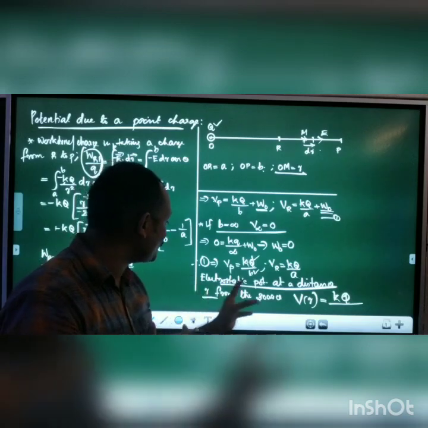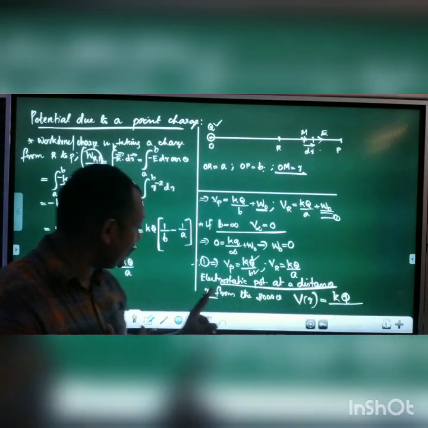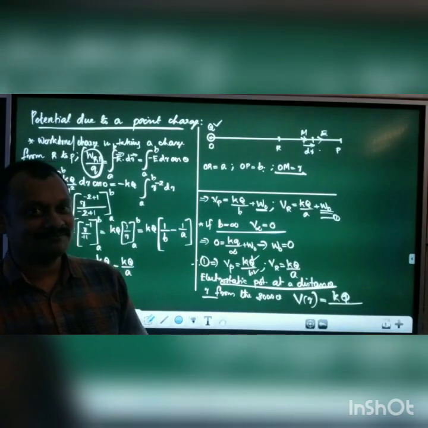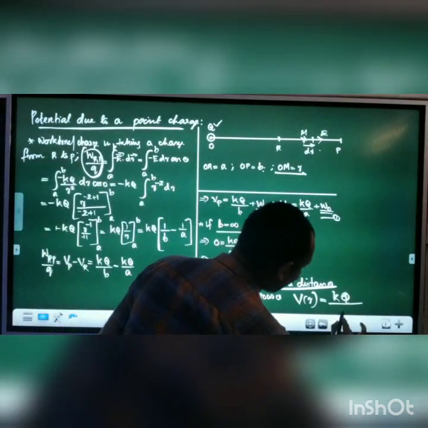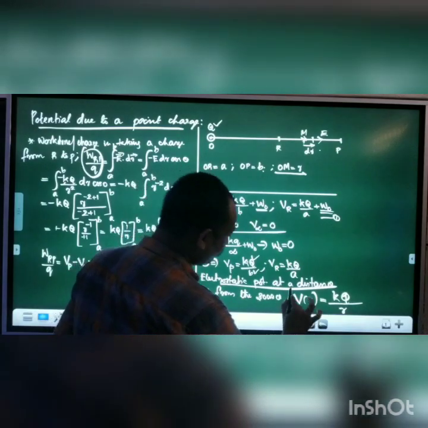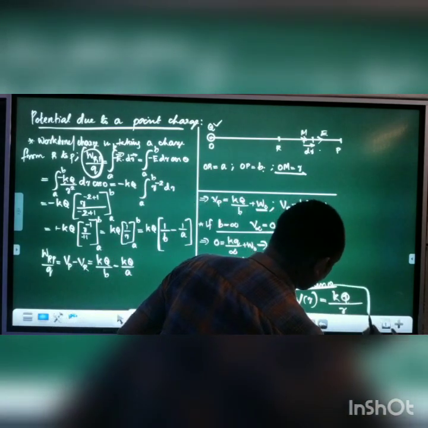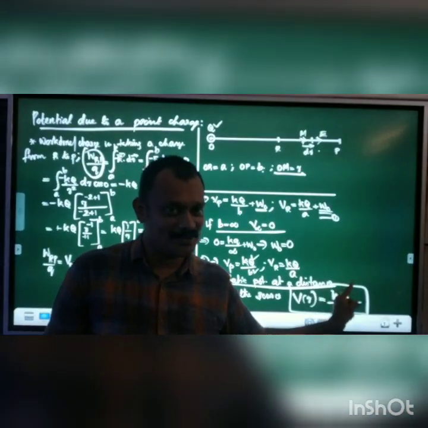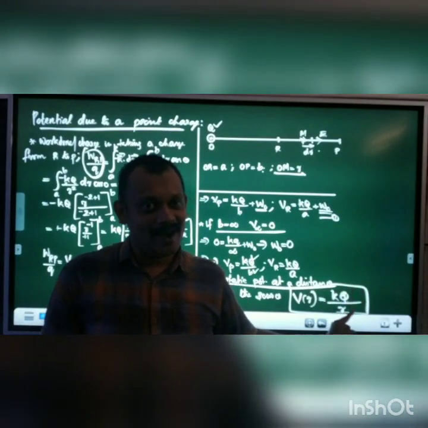And then what is going to be the answer? Electrostatic potential at a distance r from the source. What is going to be your answer? It is kq by r. Electrostatic potential at a distance r from the source charge is V of r is equal to kq by r.